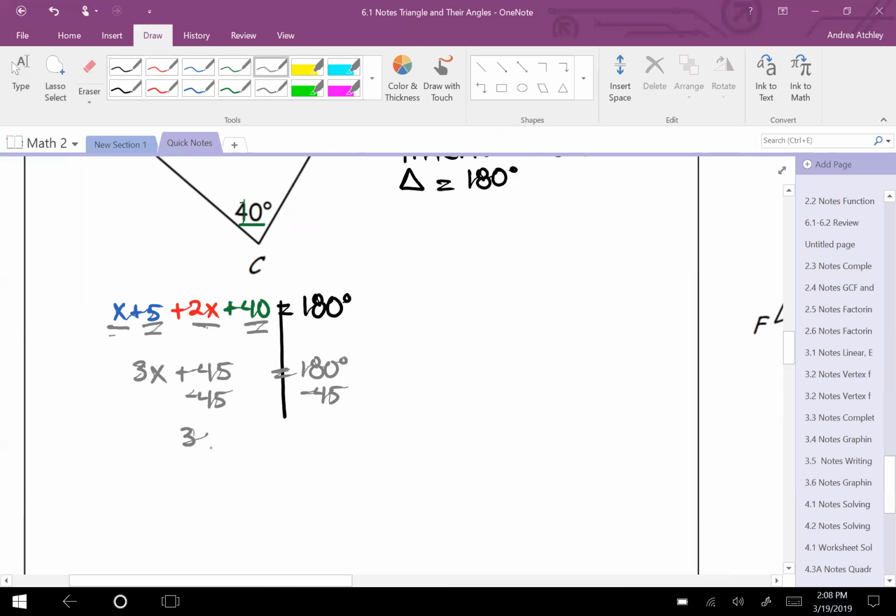That gives me 3x equals 135. Then we divide by 3, and I get x equals 45. Any questions on how I did that? Okay, you guys can do the next one.